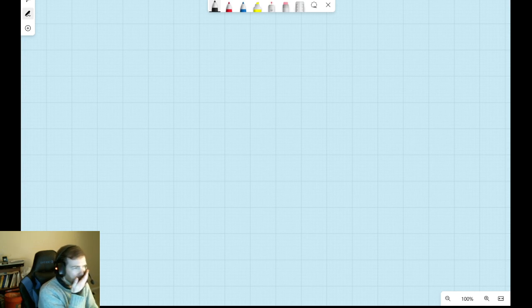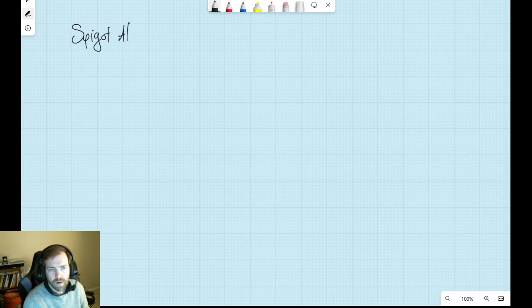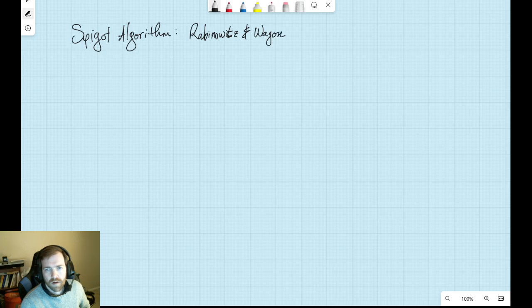Here we go. On cutthenot.org, we have something called the Spigot Algorithm, which was developed by Ramanujan and Vagan in 1995.